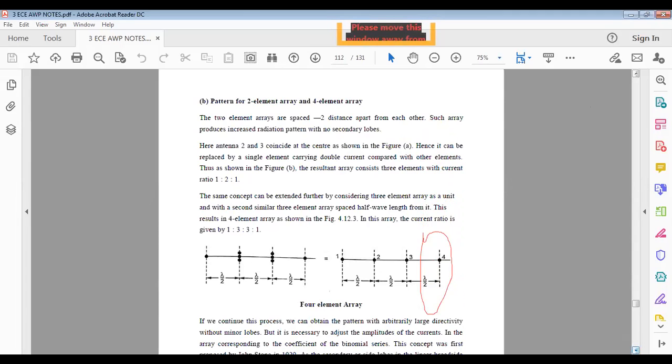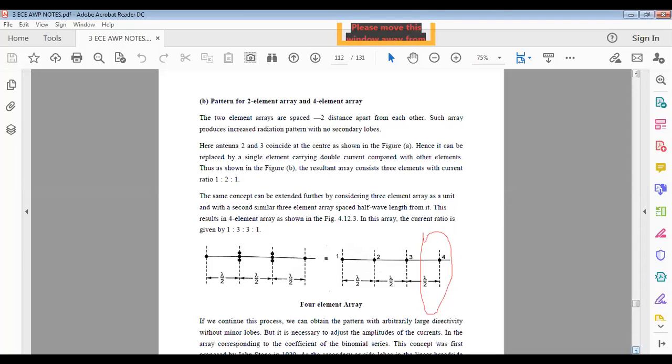What is the resultant radiation pattern here? The same concept I explained earlier. When two elements or arrays are spaced at a distance of lambda by 2, such an array produces increased radiation pattern with no secondary side lobes.